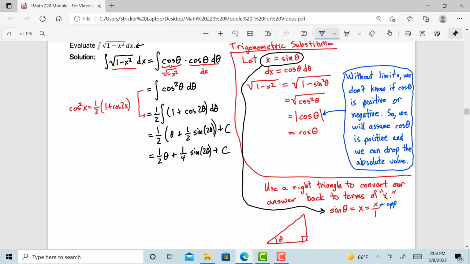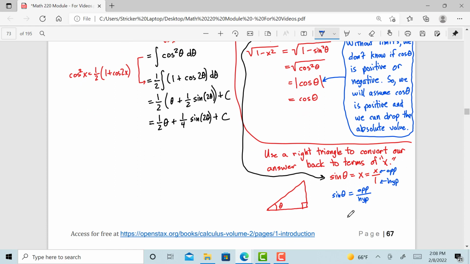The top is the opposite, and then the bottom, the 1, is the hypotenuse. So that's because sine theta is equal to the opposite over the hypotenuse. Simple trig there.